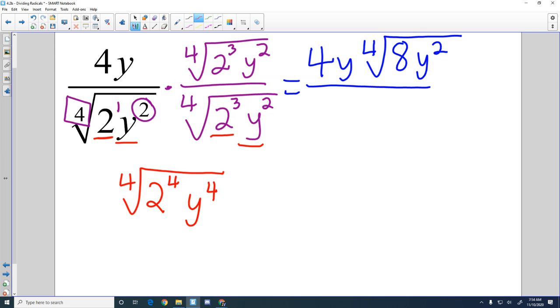And so the 4th root of anything to the 4th, well, that index and those exponents cancel each other out. The 4th root of 2 to the 4th is just 2. The 4th root of y to the 4th is just y. And so this whole term here just equals a regular 2y. And that's going to be our denominator, 2y.